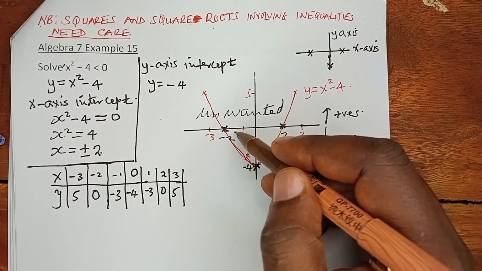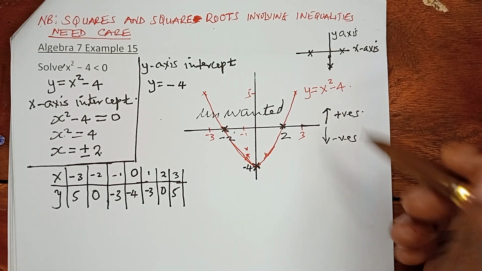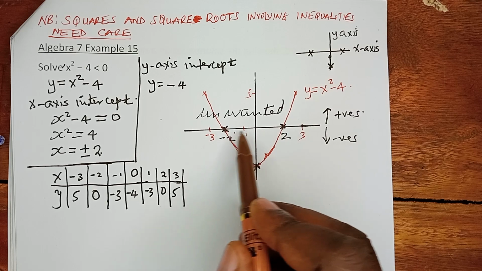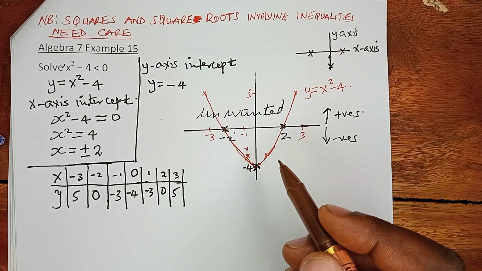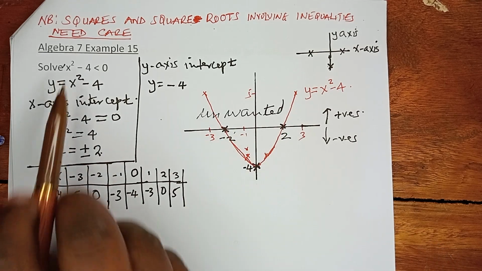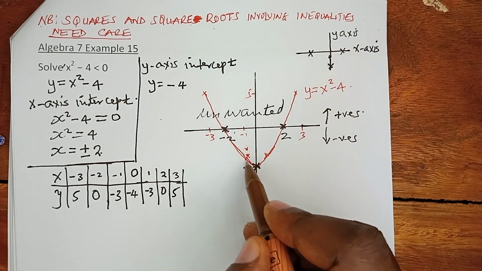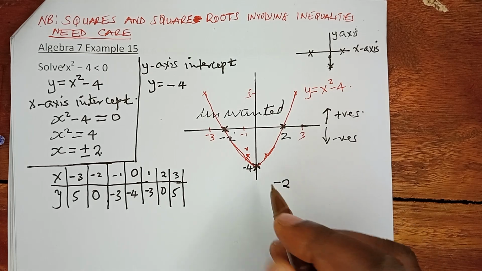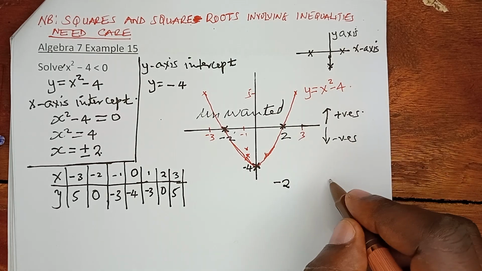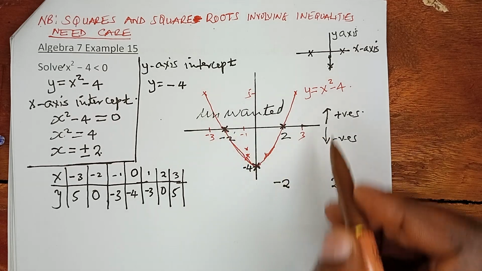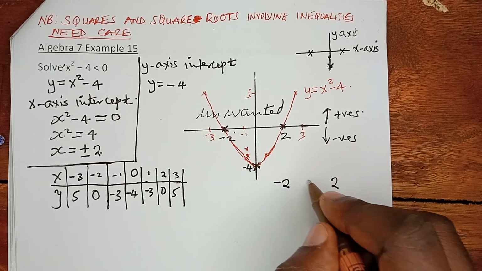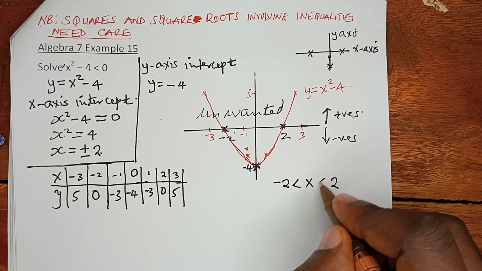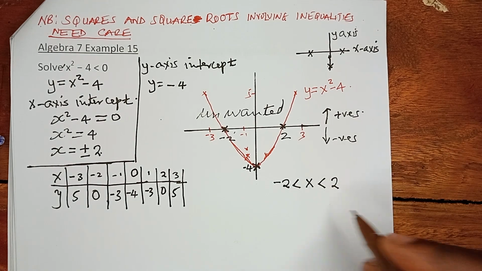And for this particular question to make sense, we need to identify within which values of x the statement is valid. You can see this one is a continuous graph, and the boundary here is -2, and the boundary here is +2, and x has to be within those values. x has to be greater than -2 and less than +2.